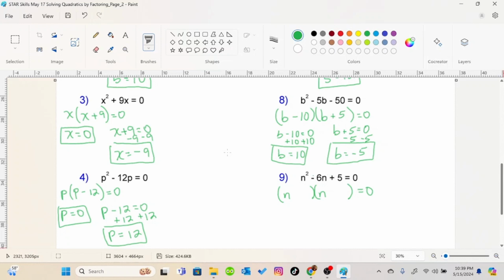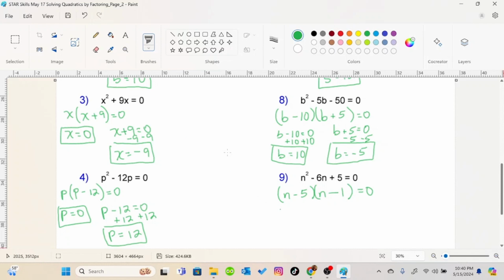The first sign being negative, or minus, tells me both signs are minus. Now we need numbers that multiply to 5 but add to negative 6. And that would be 5 and 1. Negative 5 times negative 1 is positive 5, and negative 5 minus 1 is negative 6.